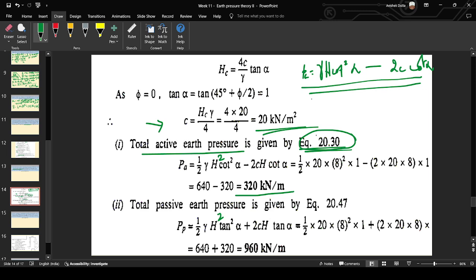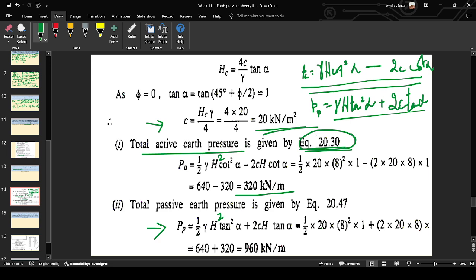So for the passive earth pressure, the intensity, not the thrust, the intensity, is given by the equation gamma H tan square alpha plus 2c tan alpha, which upon integration gives us H square by 2, and here we have an additional H. This gives us the equation PP, the total passive earth pressure, equals half gamma H square tan square alpha plus 2cH tan alpha.